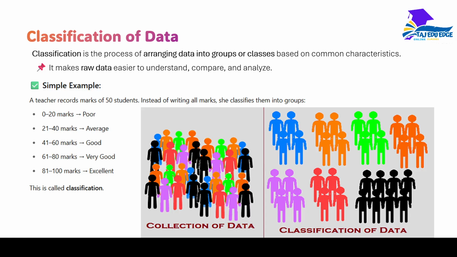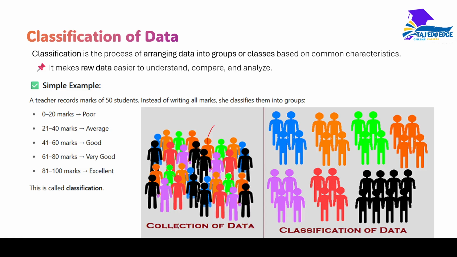When the data is collected, it is important that we classify that data. See here in the image which you are seeing, one side you can see this is data. In the data you are seeing multiple colors of people standing, right?